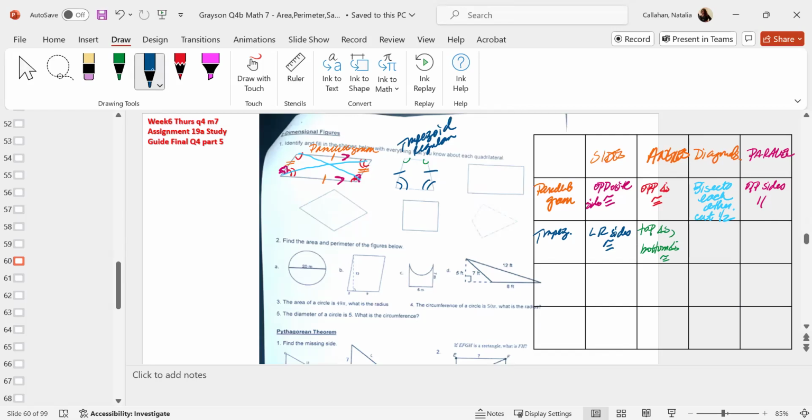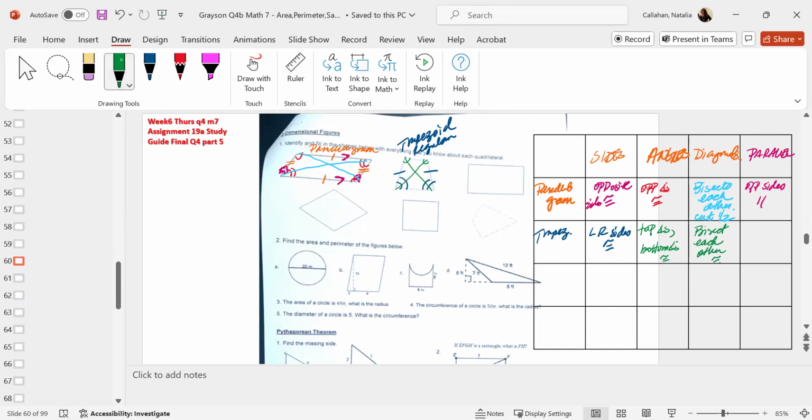Top angles, not left, right. Yeah, that's what I marked down. Okay. And then if you take a look at the diagonals right here, they do bisect each other.